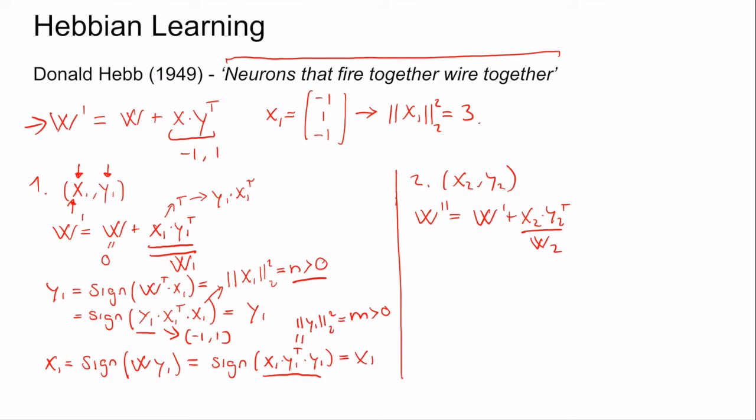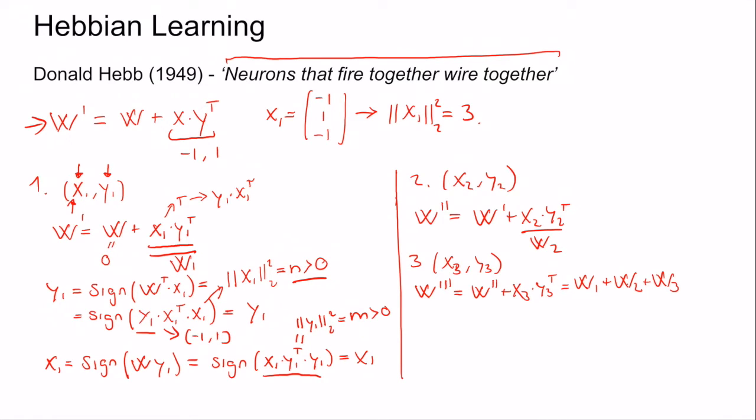Okay, so now what if I still want to add a new memory? So now I'm going to add x3, y3. Again, I'll do the same. So I have that w prime prime prime is equal to w prime prime plus x3 times y3 transposed, and this is just equal to w1 plus w2 plus w3.